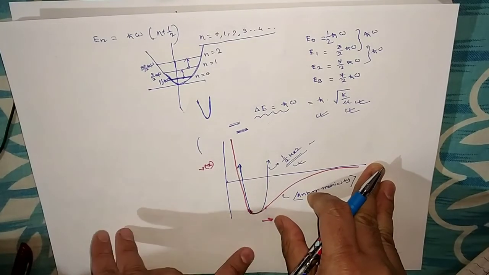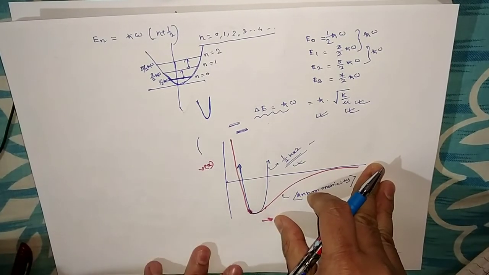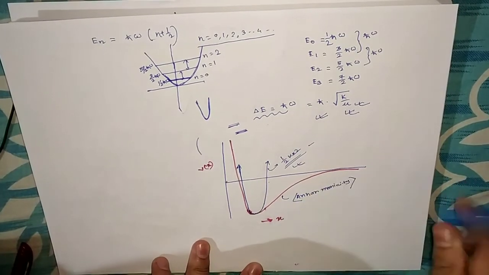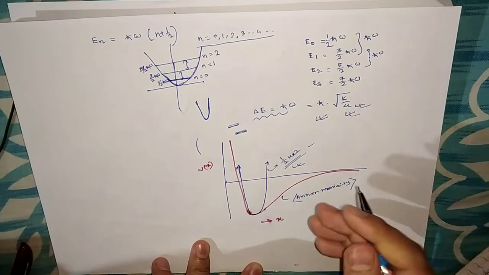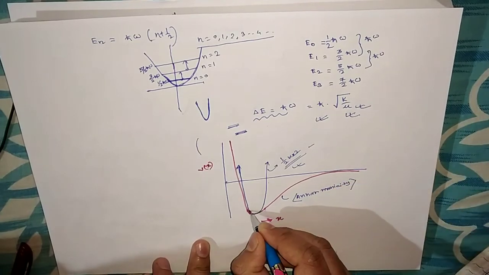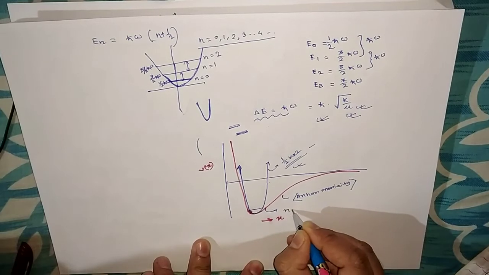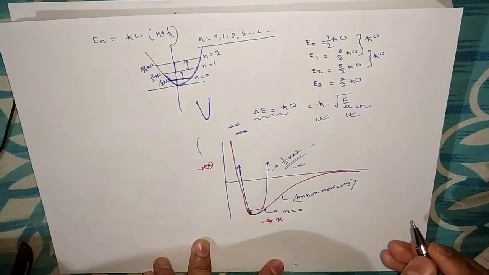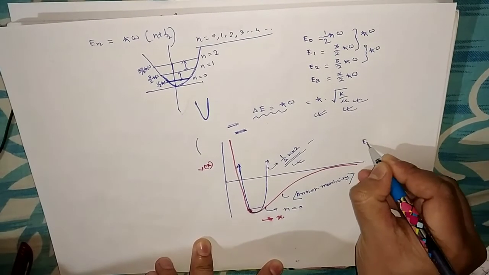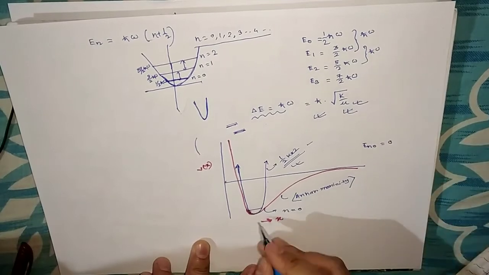So one important fact that we have observed for our quantum mechanical harmonic oscillator model system is that the energy for n equal to 0 is not 0. E n for n equal to 0 is not actually 0.